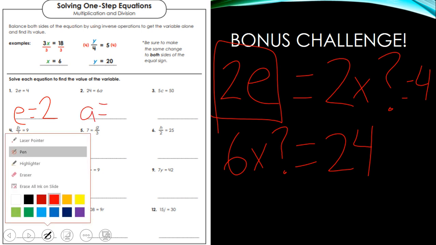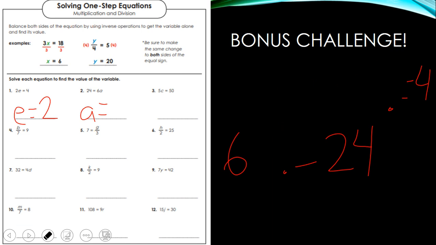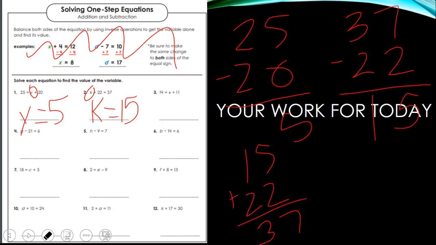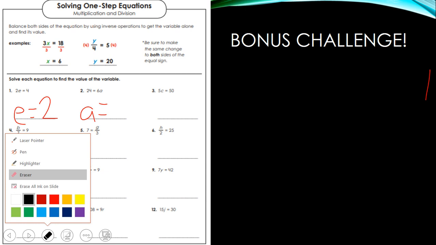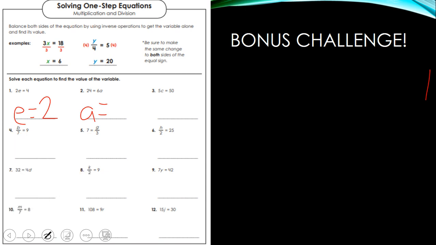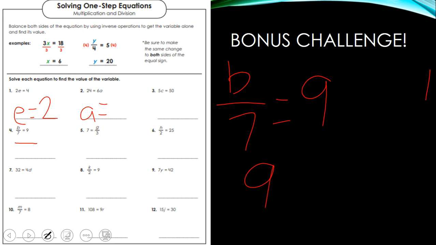Now, when we have our division, too far, of course, always happens to me. When we have our division, now the division looks like this one. So I have b over 7 equals 9. Now to figure out the division, I'm going to use multiplication. So what I'm going to do is go 9 times 7 equals, and I'm going to remember my 9 times tables.